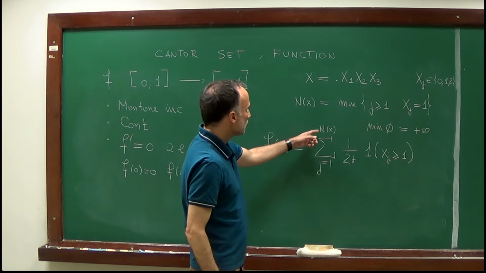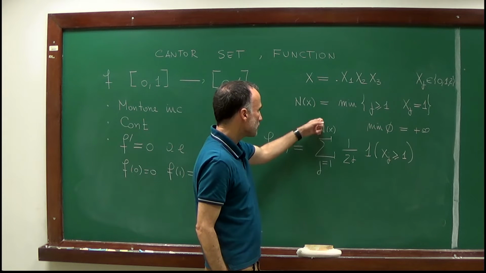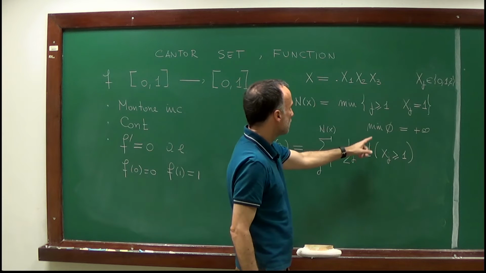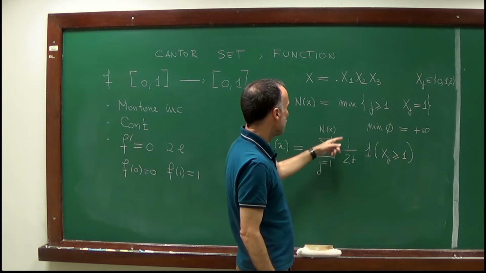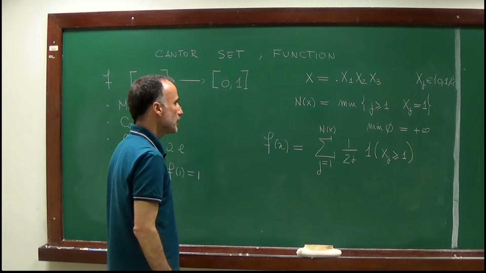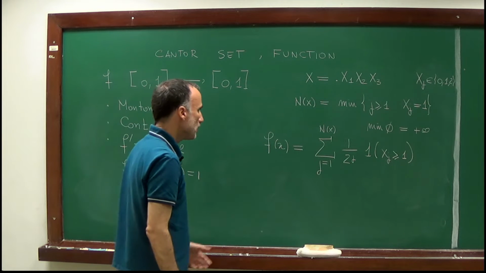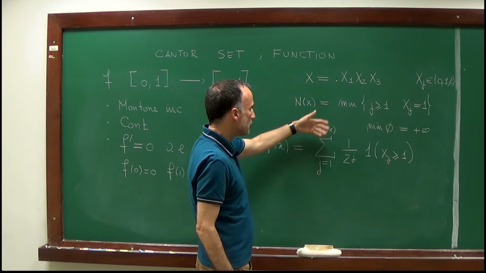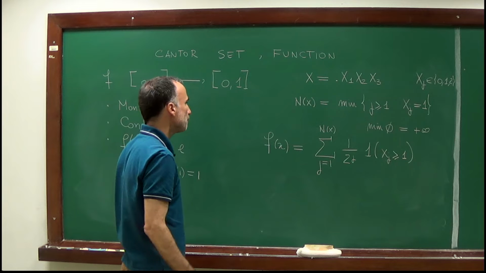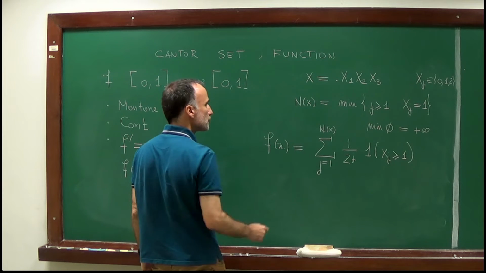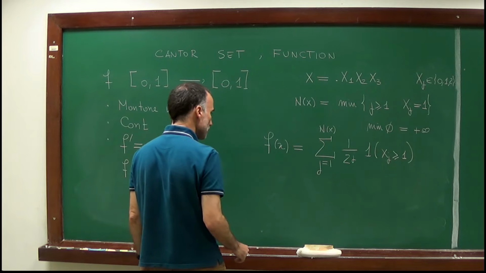And this sum is a sum from 1 to plus infinity if xj is either 0 or 2 for all j. Right? Because in that case, nx will be equal to plus infinity. As I said, nx is not well defined. It depends on the representation we use. Let's check that the definition of f doesn't depend on that representation.